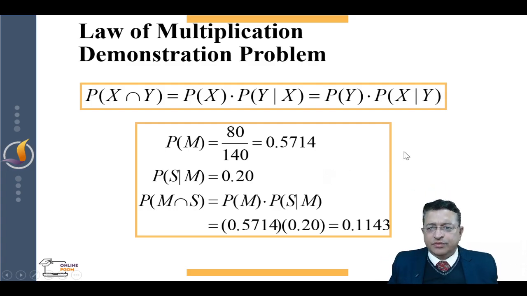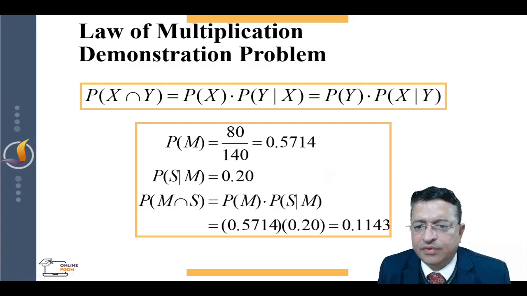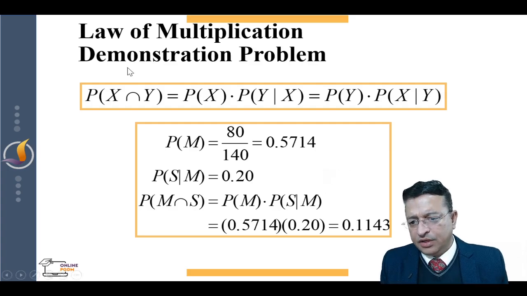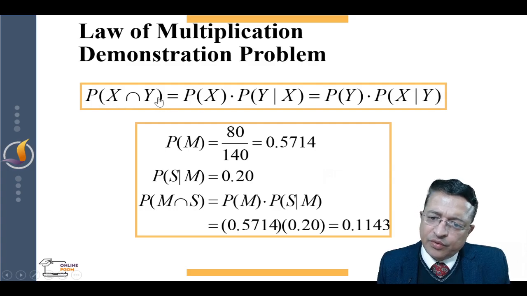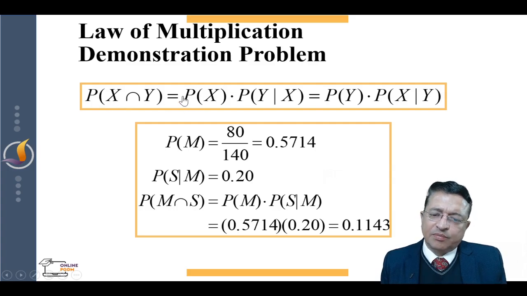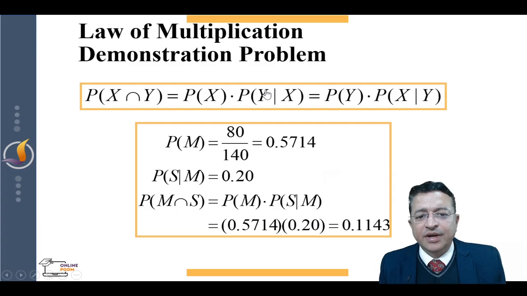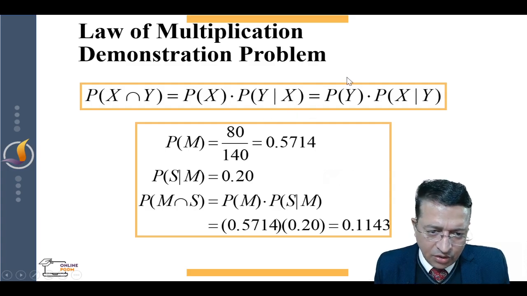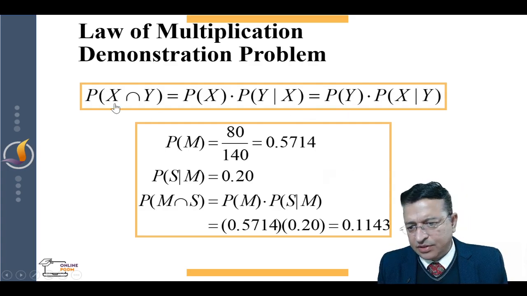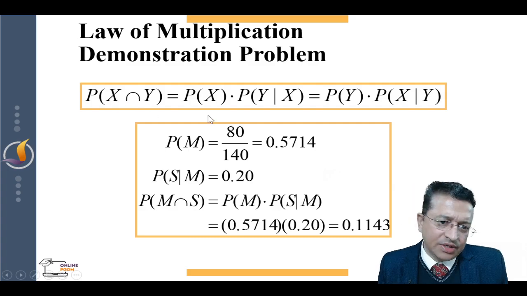Now it comes to the multiplication of two events. When we do multiplication, the formula says the probability of the first event into the probability of the second event when the first event has already happened. Or sometimes, because it is either x intersection y or y intersection x, it doesn't matter.